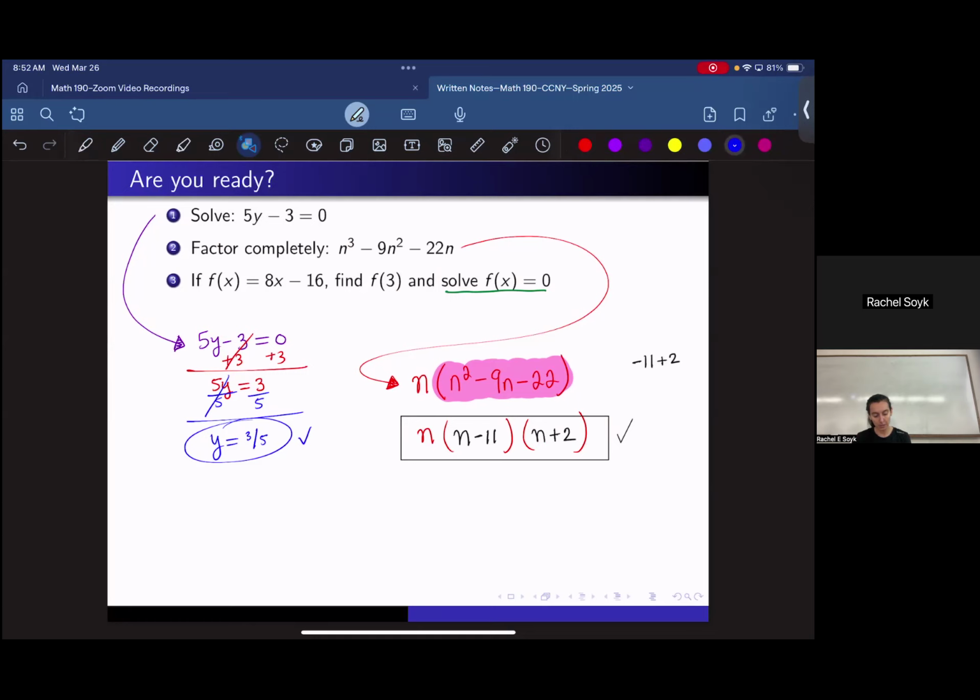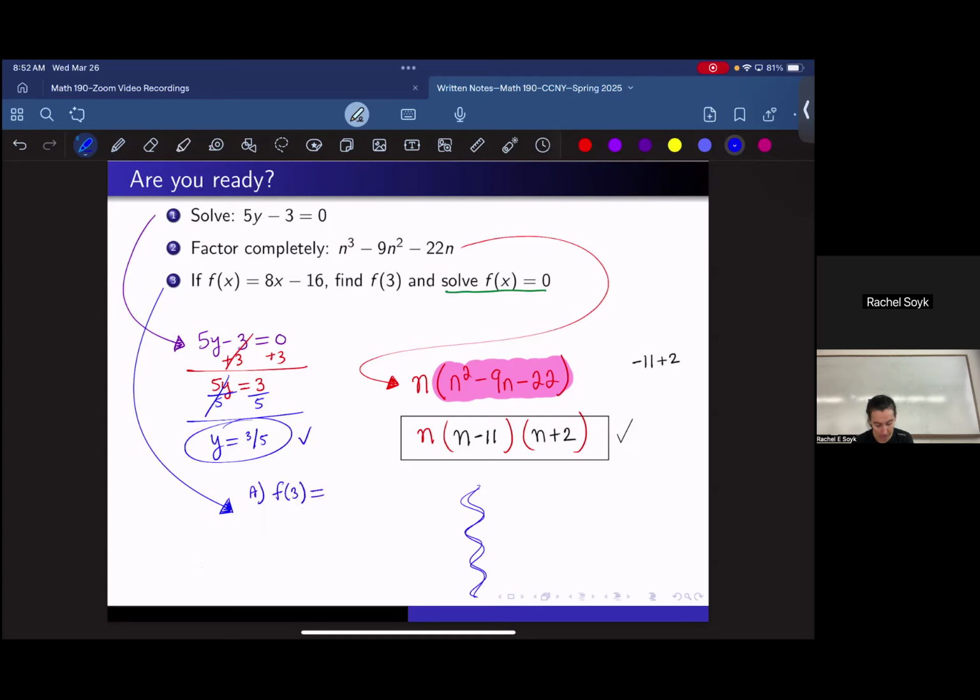And then last but not least, our third warm-up question. We are given a function f of x, and we are asked to evaluate it when x is equal to 3. And then we're also asked to solve when our f of x is equal to 0. So there's really 2 parts to this problem. Our part A is when x equals 3.